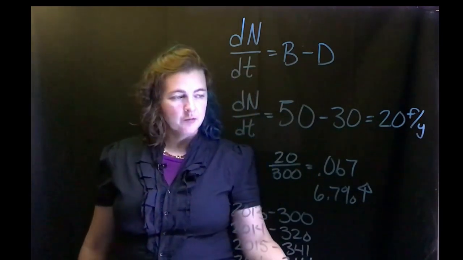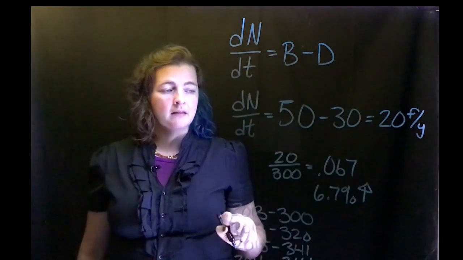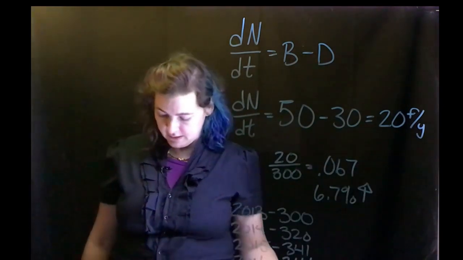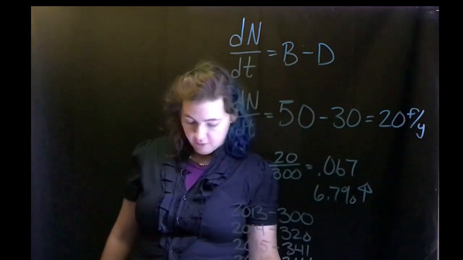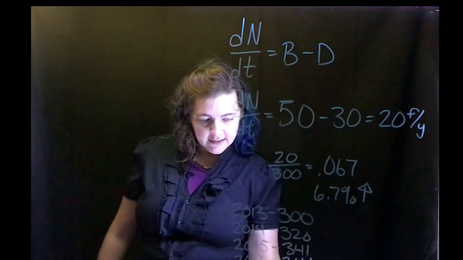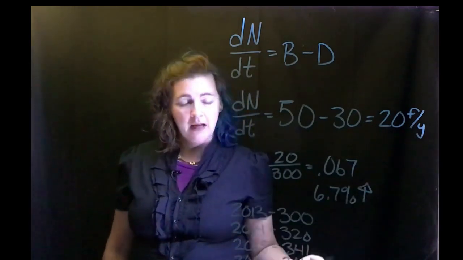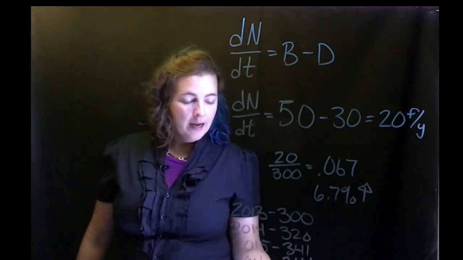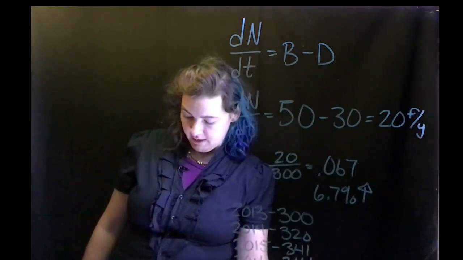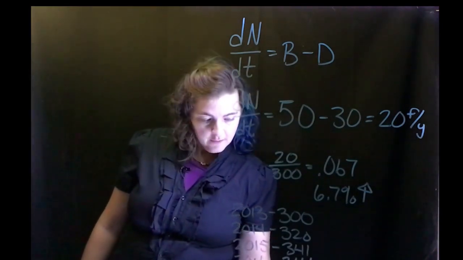Again, I'm going to take the 364, multiply it by 0.067, add that number to the 364, and I'm going to get 388. And one last time, I'm going to take 388, multiply it by 0.067, then add it to my 388, and I'm going to get 414.